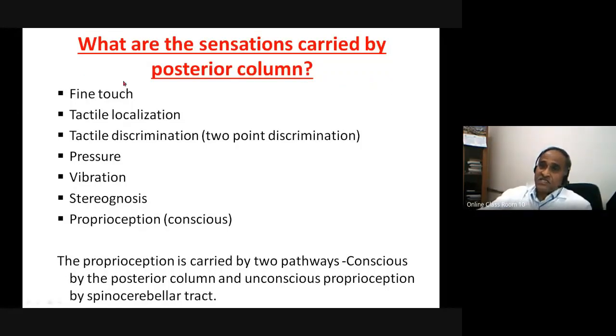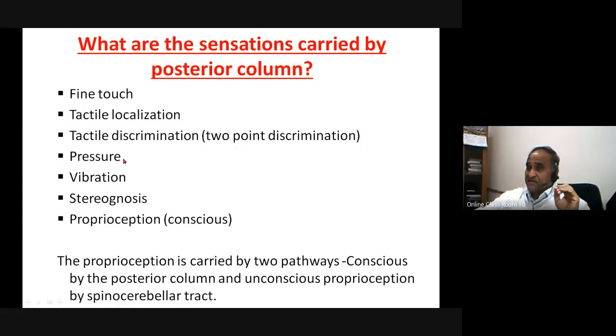As I already mentioned, these are neo-sensations: fine touch, tactile localization, that means identifying the exact position of the touch on the skin, and tactile discrimination, that is two-point discrimination or tactile acuity.